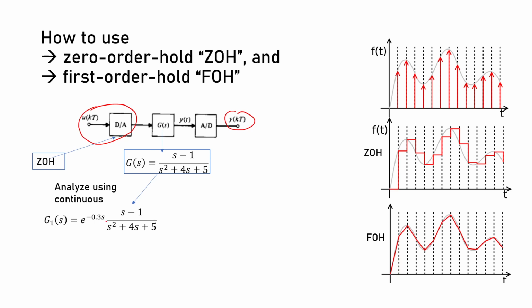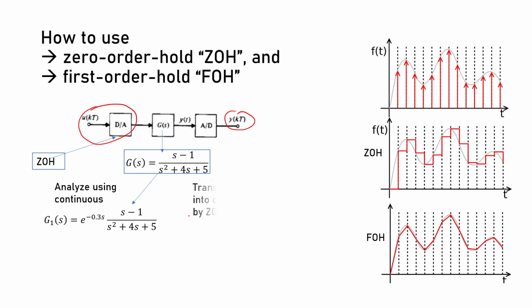It means the performance of your system would be different from having continuous input, and you can analyze this to see performance.